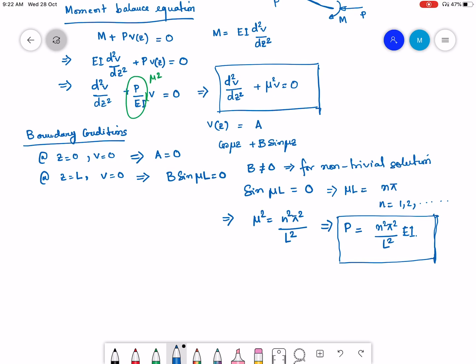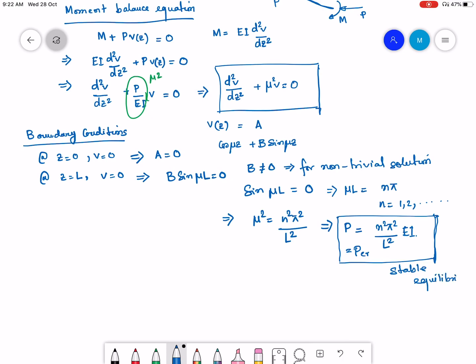And this is a stable equilibrium, so my P is actually equal to P critical, because this is a stable equilibrium problem that we have solved.